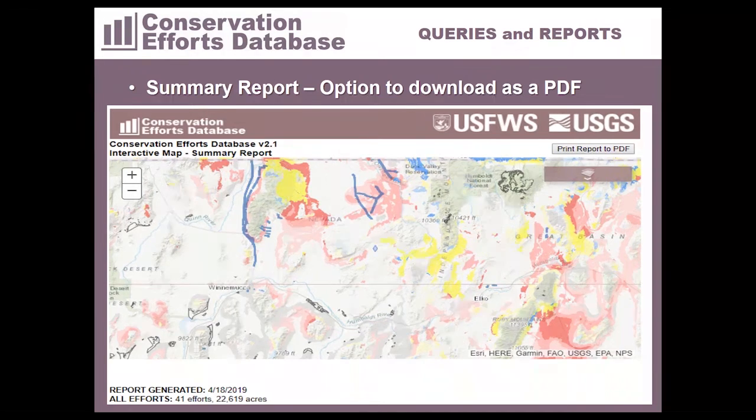You'll see in the upper right-hand corner of that screen grab that there's an opportunity to print this report to PDF. This is useful if you're trying to take information and insert it into your organization or agency's reports. You'll see that the report was generated April 18, 2019 and contains 41 efforts that total 22,000 acres.